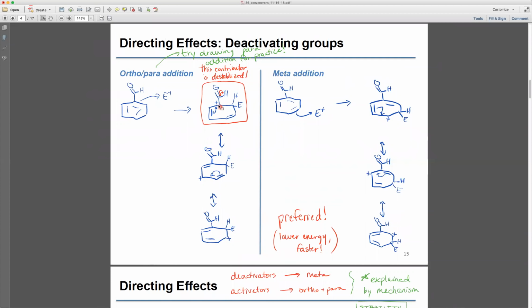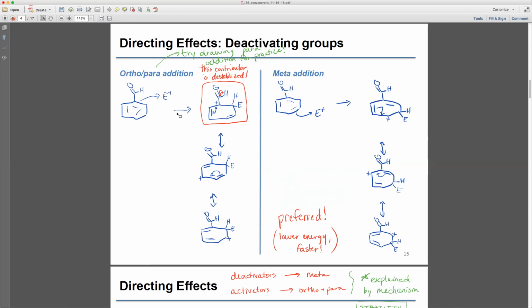This is destabilized, so it's higher in energy. That makes the ortho-para addition much slower. The meta addition is preferred here. So this is a situation where with an activator, the ortho-para addition is stabilized, the intermediate there is stabilized, and with the deactivators, the ortho-para addition is destabilized. So that's how I would frame it.